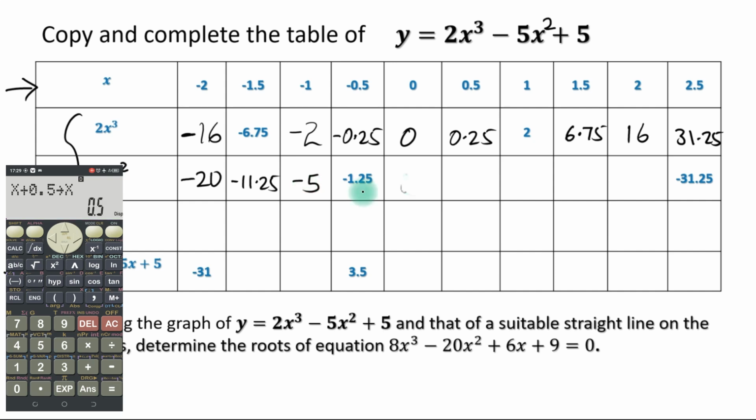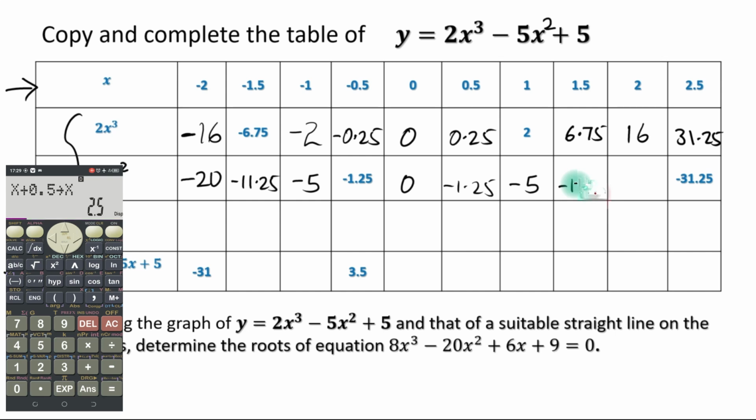When x is 0.5, the value will be minus 1.25. When x is 1, the value will be minus 5. When x is 1.5, the value will be minus 11.25. And when x is 2, the value will be minus 20.